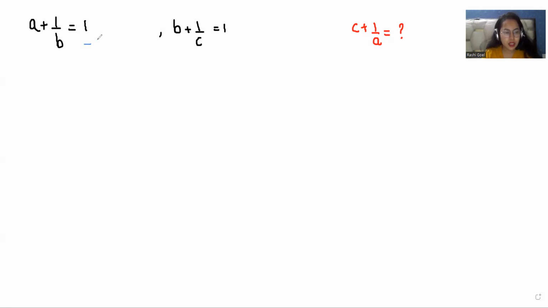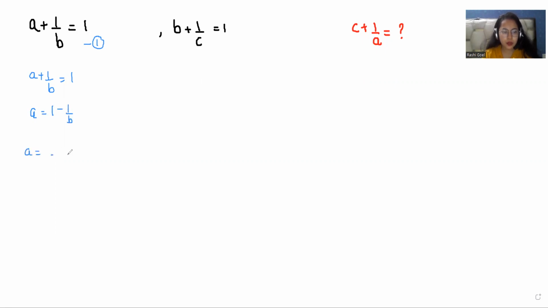First I'll take equation number 1 and write it down again. a plus 1 over b equals 1. With the help of the first equation, I can find the value of a and then put it in what we have to find, the value of c plus 1 over a. So the value of a is equal to 1 minus 1 over b.